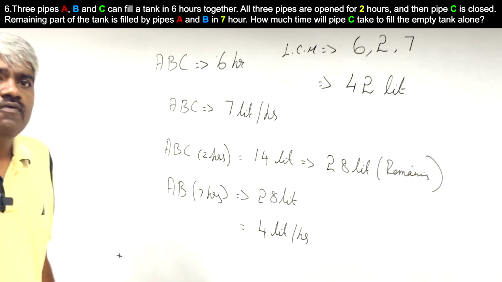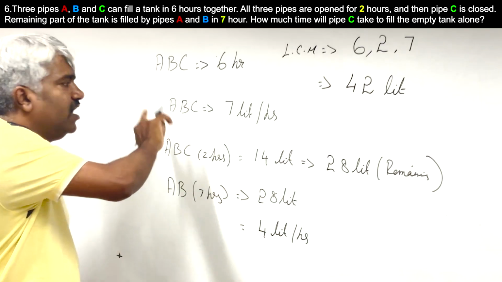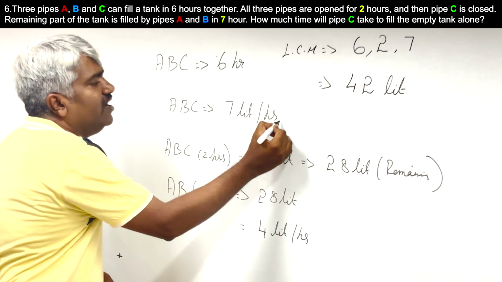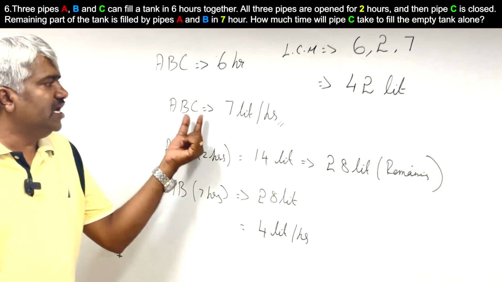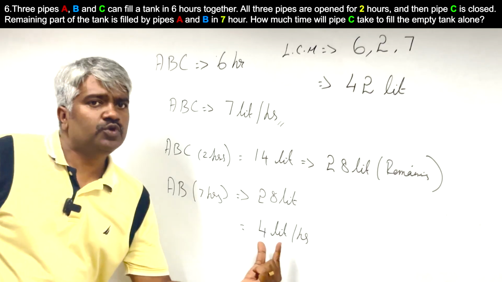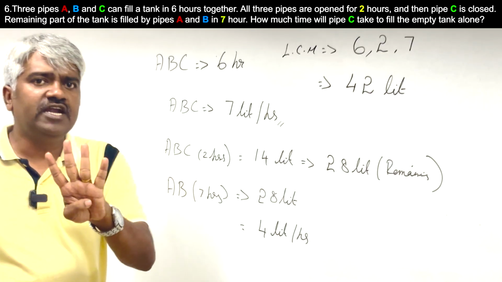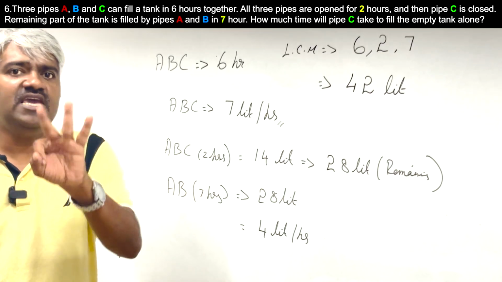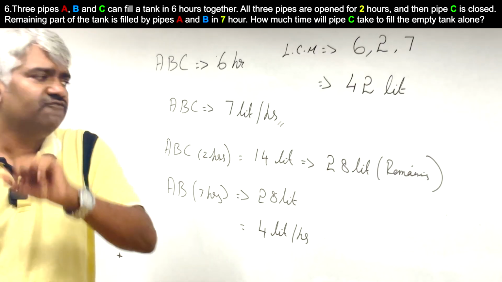Now, we will go to the first data. A, B, C: when all the pipes are open together, they will fill 7 liters. When A and B are open together, they will fill 4 liters. A, B, C is 7 liters; A, B is 4 liters.